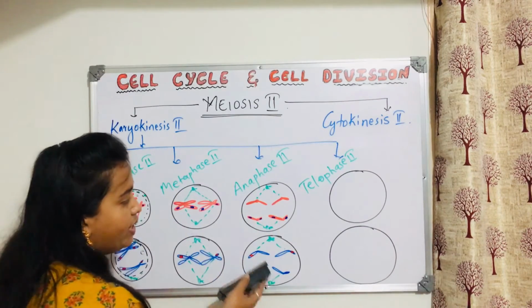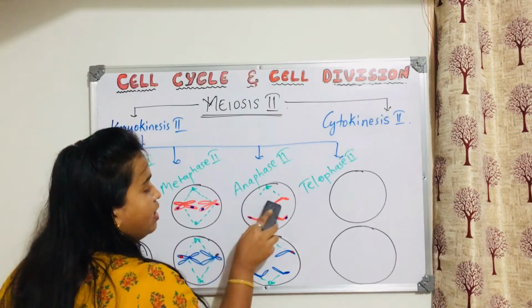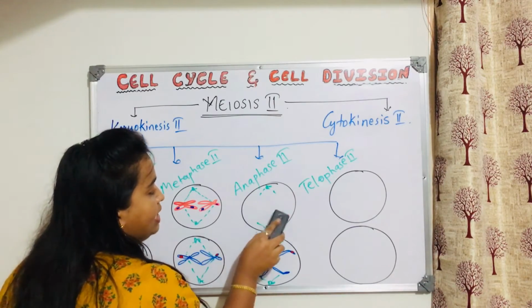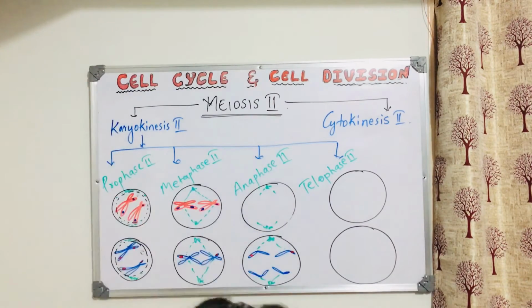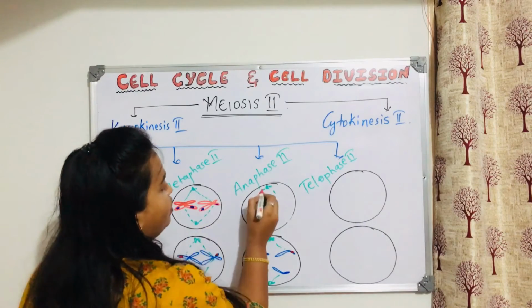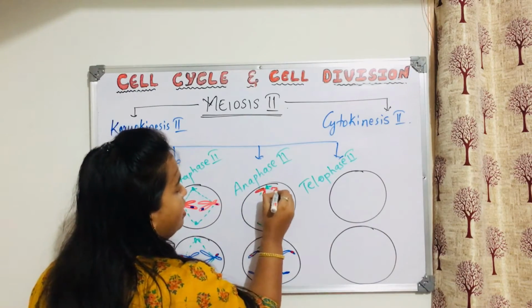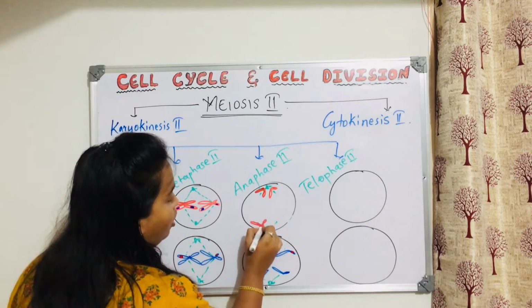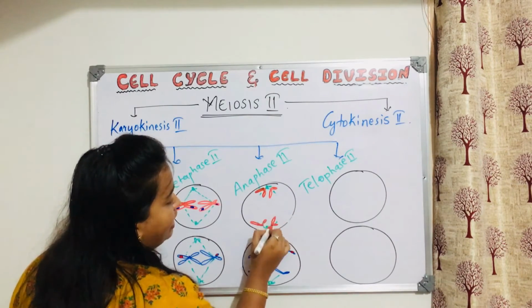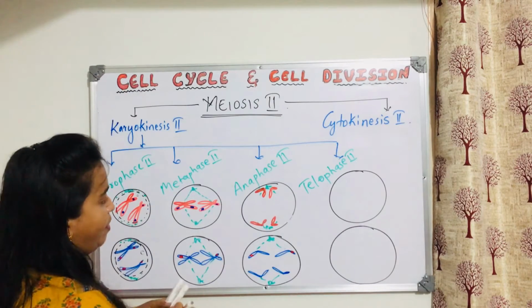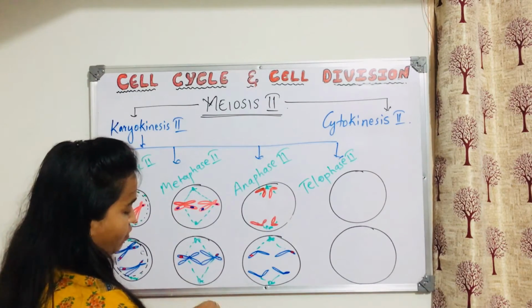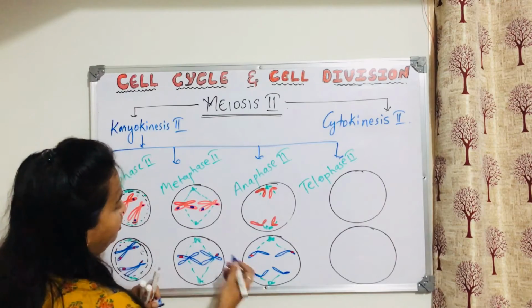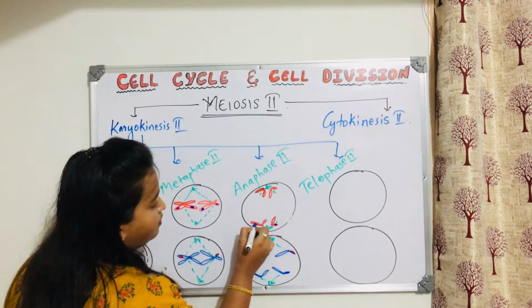So this is early anaphase. What will happen in the late anaphase? In late anaphase, you will see chromosomes at the end. What about here? Here also you will see, not chromosomes, sorry, chromatids at the end. And some chromatids have this segment on this side, like this.